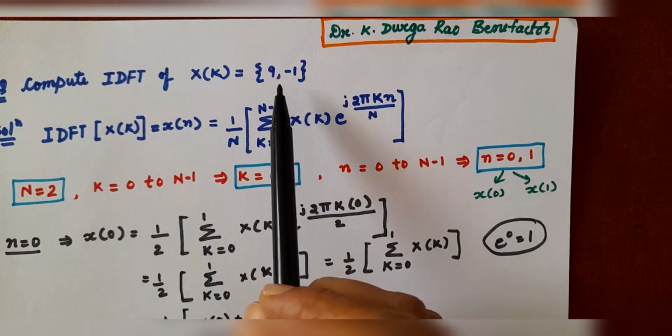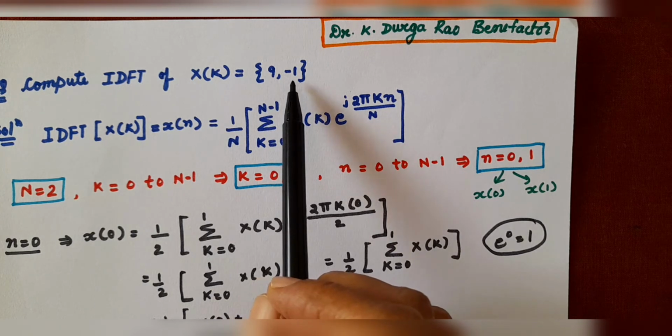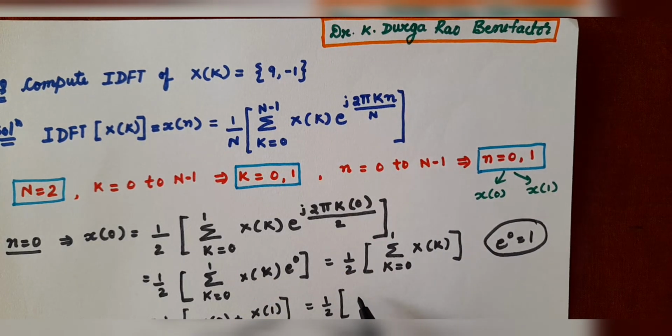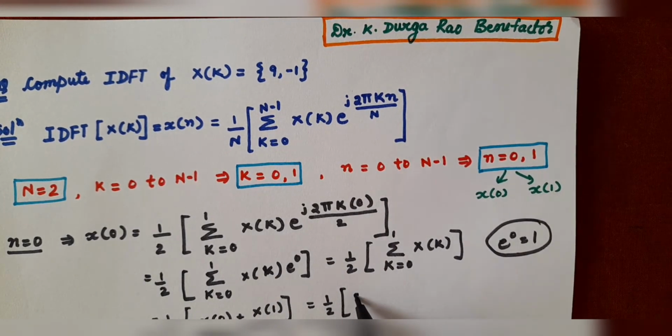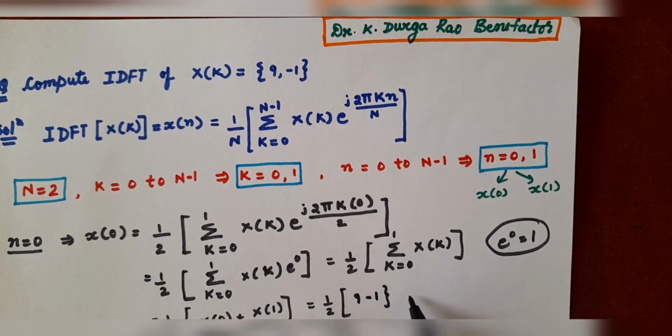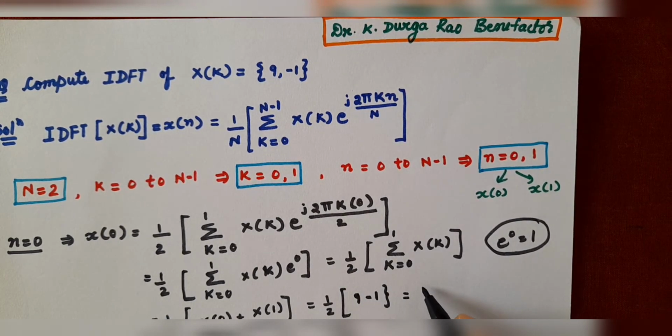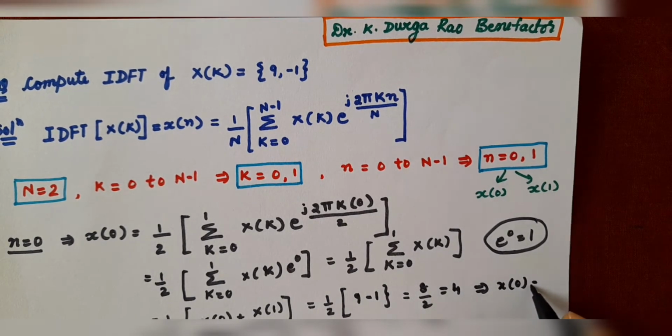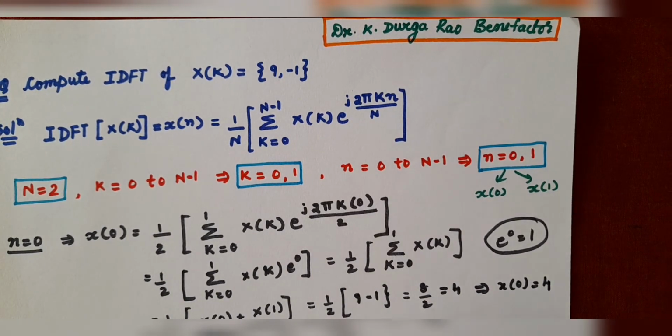X of 0 is 9, X of 1 is minus 1. So, it is coming to be 9 minus 1, that is 8 by 2, which is equal to 4. So, small x of 0 is coming to be 4.